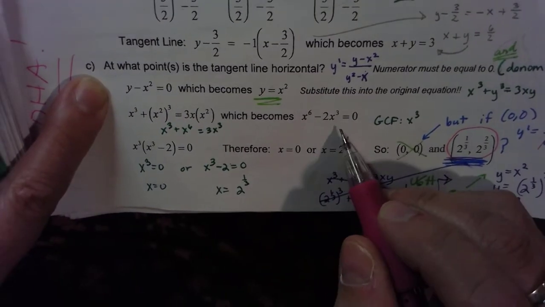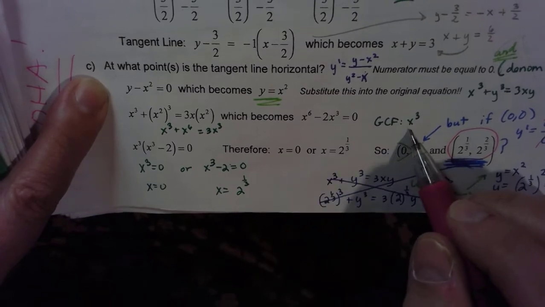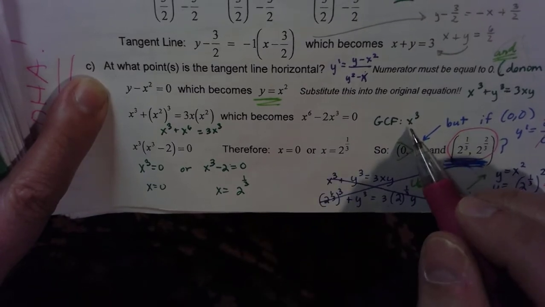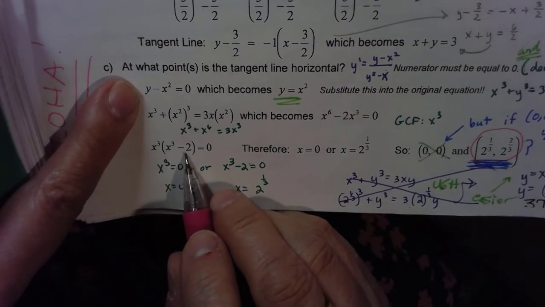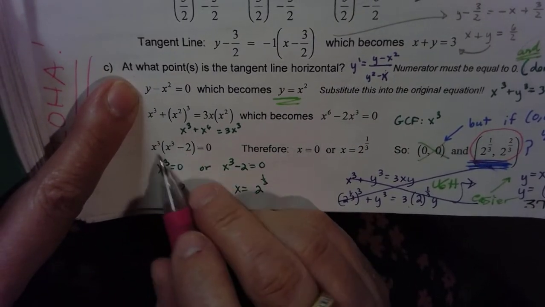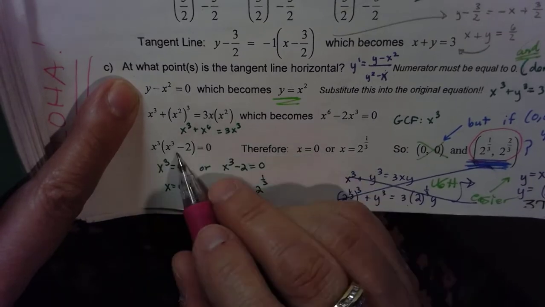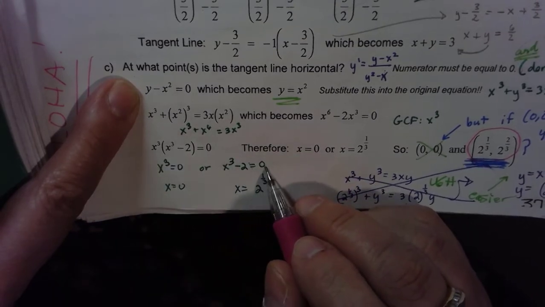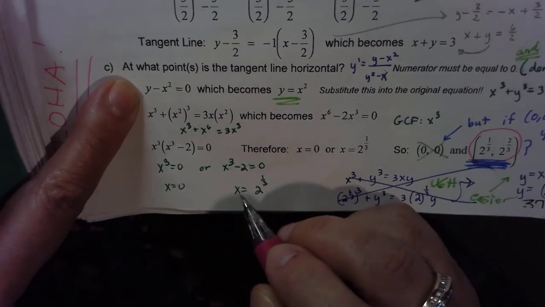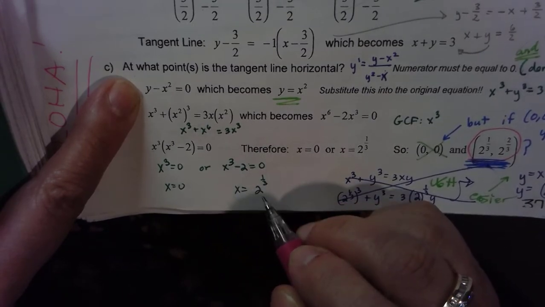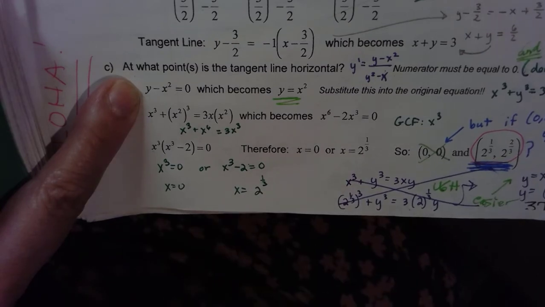Well, I can solve that. That's not terribly difficult. I have a greatest common factor of x cubed. And so factoring out x cubed leaves x cubed minus 2. So this is going to equal 0 when x is 0, or when x cubed minus 2 is 0. And x cubed minus 2 is 0 when, add 2, take the cube root, x is 2 to the 1/3.